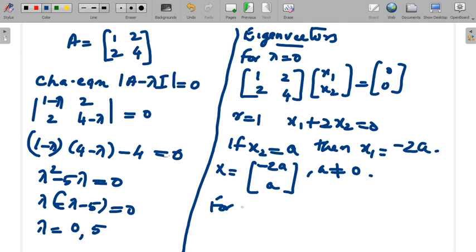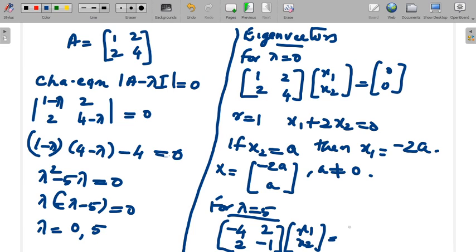Now for lambda equal to 5, we have the system minus 4, 2, 2, minus 1 into x1, x2 equal to 0, 0. So we get just one equation.